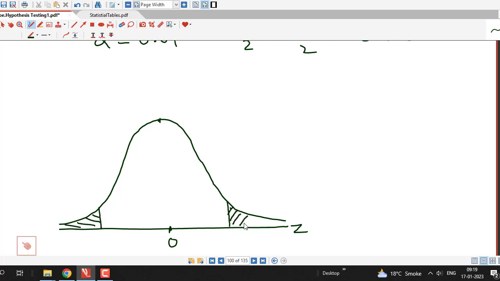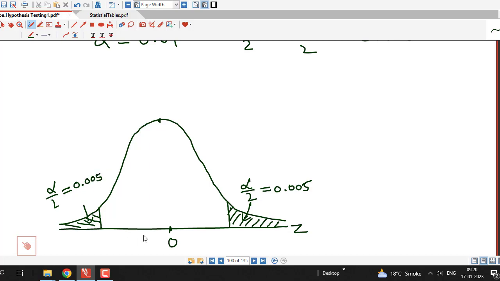These are alpha by 2, that is 0.005 in this case. So we have two-tailed test, therefore we divide area alpha equal to 0.01 into two equal areas in both the tails.